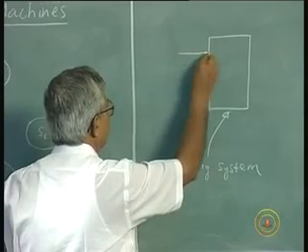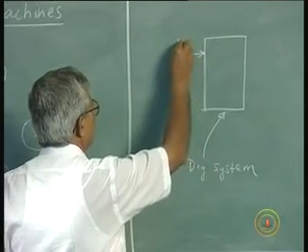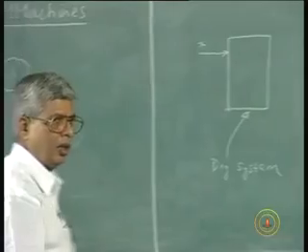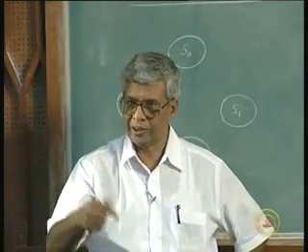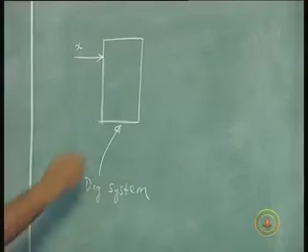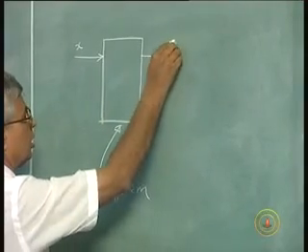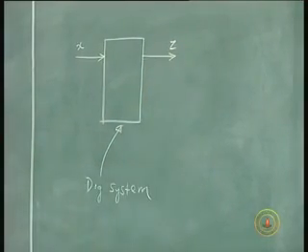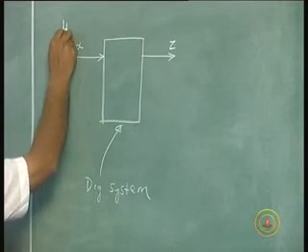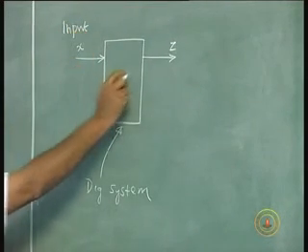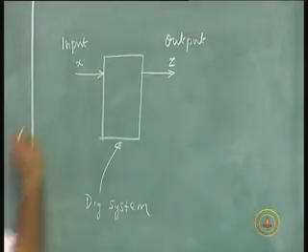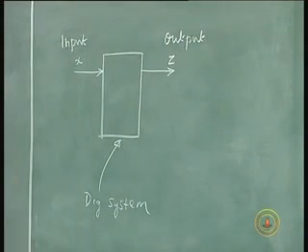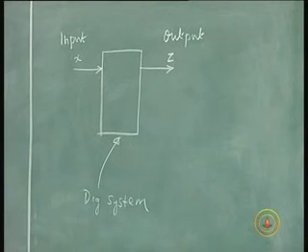Now let us say there is only a single input called X, which decides what state the circuit goes to from a given present state, and then it also produces an output Z. I will call this input variable X, and the output is Z. Both of them are binary variables, so each can only take a value of 0 or 1. All variables are binary. There is no doubt about it.